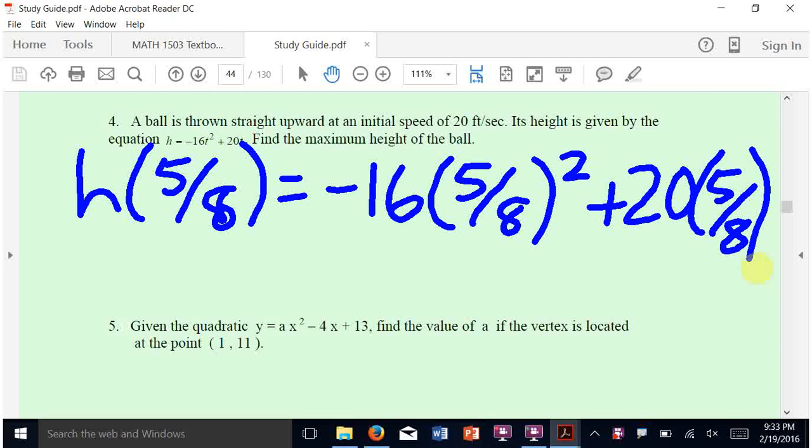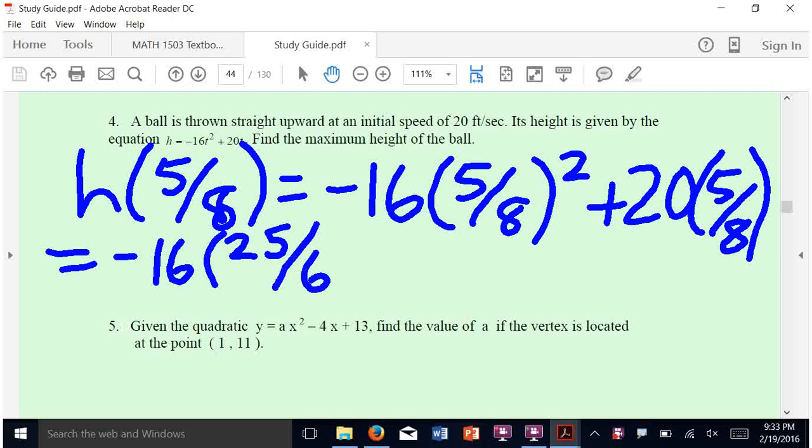Okay, so now it's just a matter of following the order of operations. So we should square this 5/8 first. So let's rewrite negative 16 times 5/8 squared. You can think of this squared as distributing to both the 5 and the 8. So 5 squared is 25. 8 squared is 64.